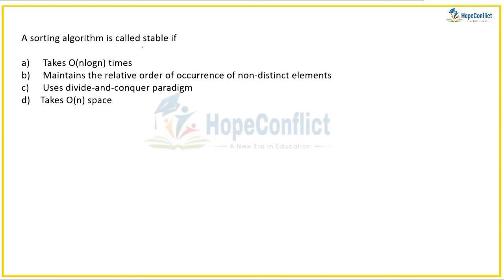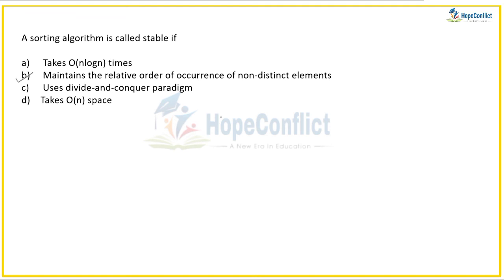A sorting algorithm is called stable if it takes big O of n log n time, maintains the relative order of occurrences of non-distinct elements, uses the divide and conquer paradigm, or takes big O of n space. What is going to be the correct answer? Option B, that is, maintains the relative order of occurrence of non-distinct elements.